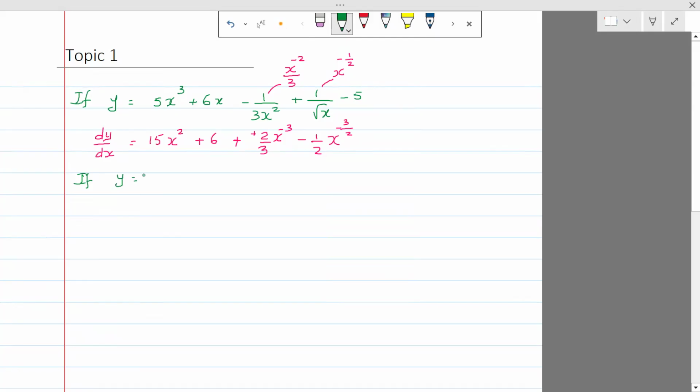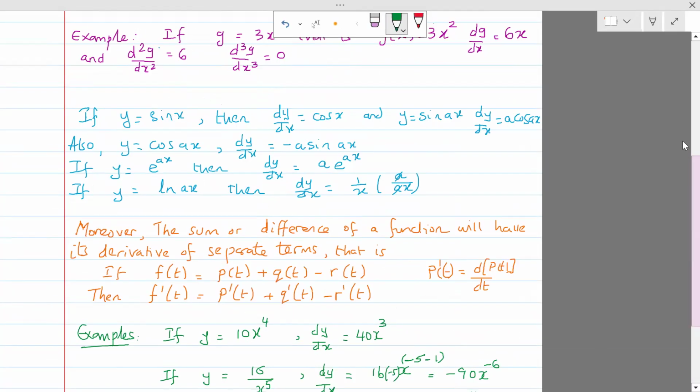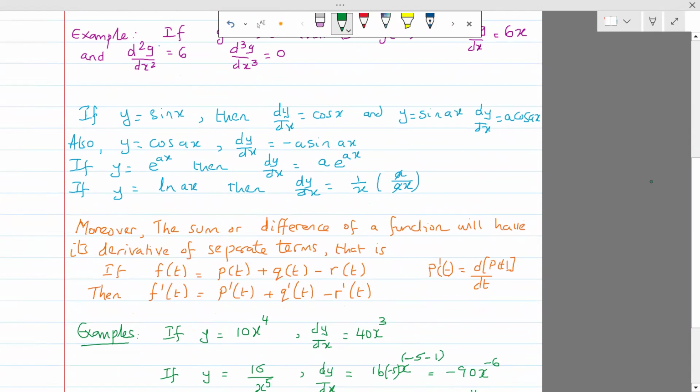If y equals 5 sine 3x, what is dy by dx? So I'm going to use the previously given formula, which I mentioned that we have to learn by heart. I show you. If y equals sine of ax, dy by dx becomes a cos ax.